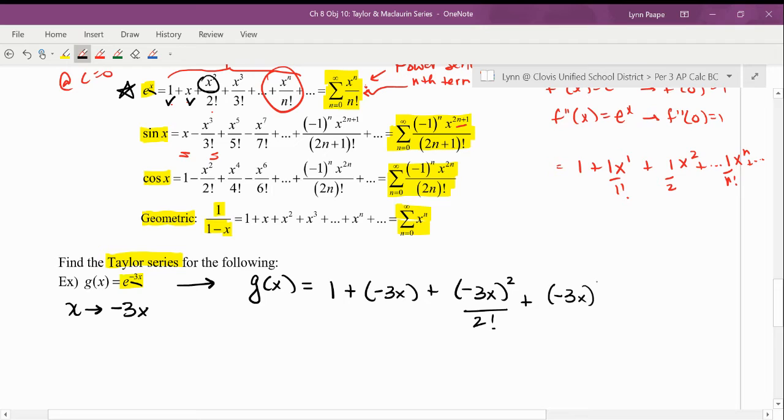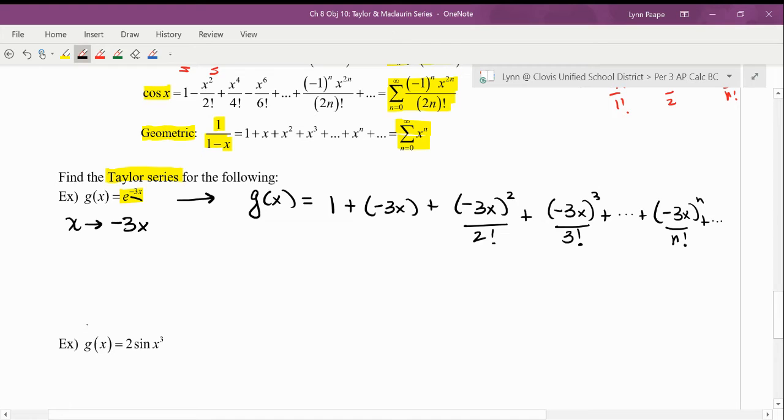And so instead of x, I replace it with negative 3x, power of 3 over 3 factorial, plus dot dot dot, plus, and then instead of x to the n, it'll be negative 3x to the n over n factorial plus dot dot dot. And then once you do your replacement, make sure that you simplify just a little bit. Don't go crazy with the simplifying, but you definitely want to simplify a little bit.